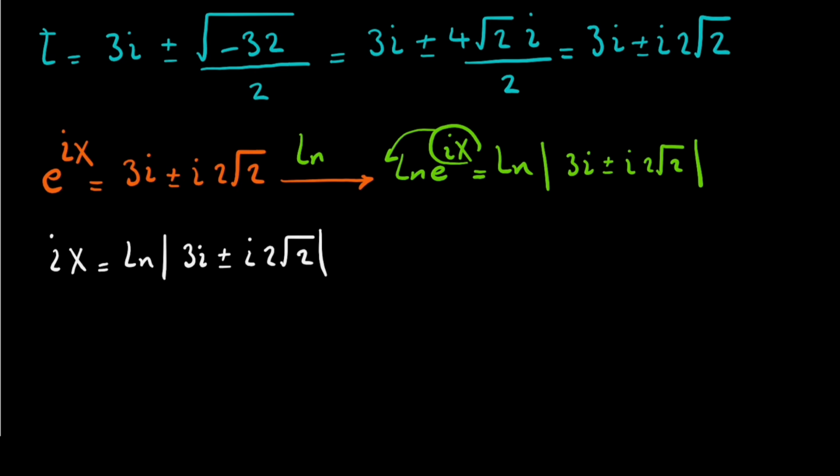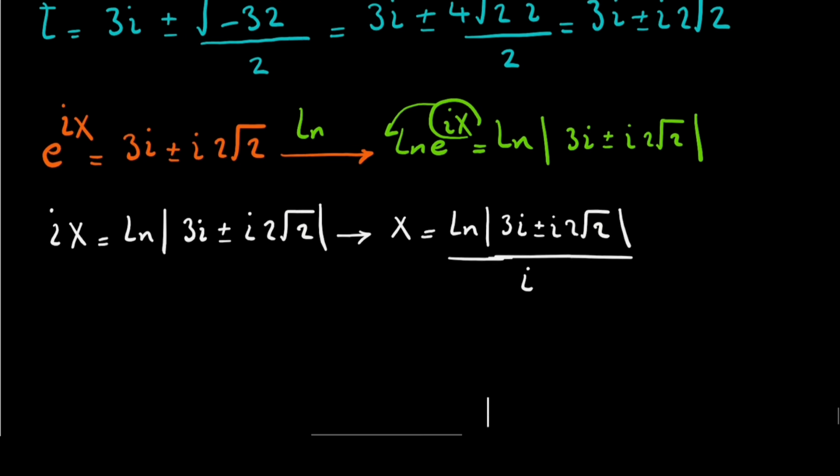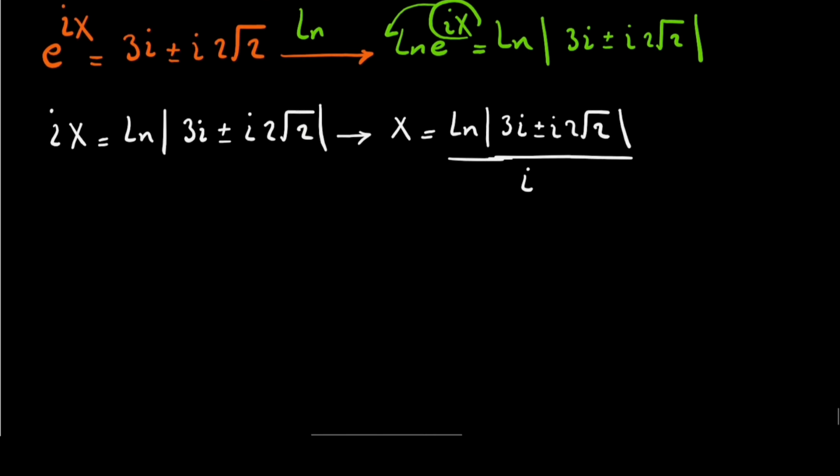So we wanted to find x, so it means from this equation x will be equal to ln absolute value of 3i ± i times 2√2 divided by i.